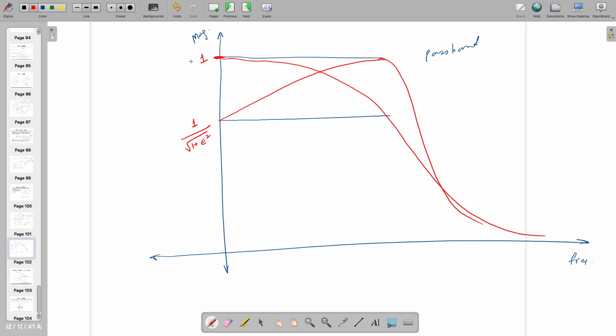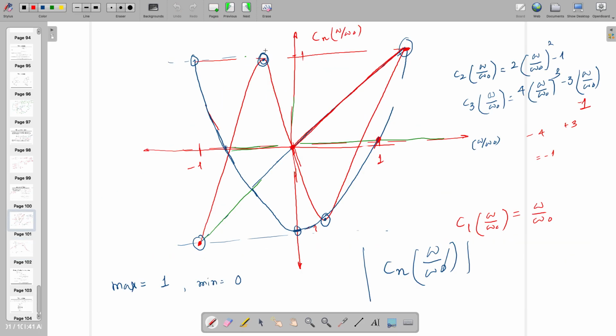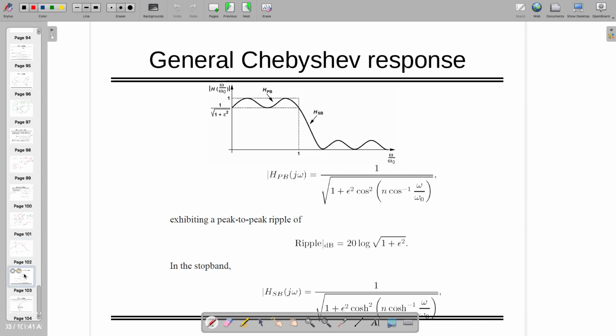If you want to find out in dB, it will become 0 dB, and here you can write minus 10 log 1 plus epsilon square, right? That will give you all the required things, and if you feed all these entries of Cn omega by omega naught, you will see that the response will have such kind of entry.